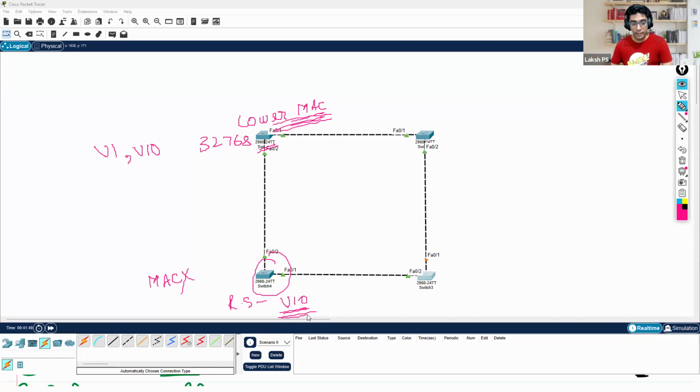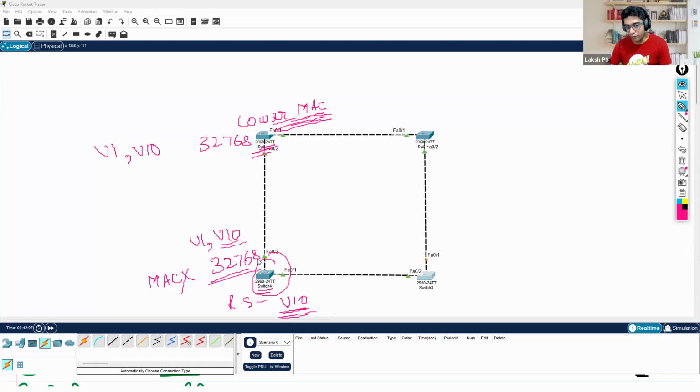Now for VLAN number 10, switch number 4 will still have a higher MAC than switch number 1. If we are trying to make switch 4 the root switch, it cannot become the root based on the MAC address, so the only other thing you can change is the priority. We know that by default 32,768 is the priority, true for VLAN number 1 and for VLAN number 10.